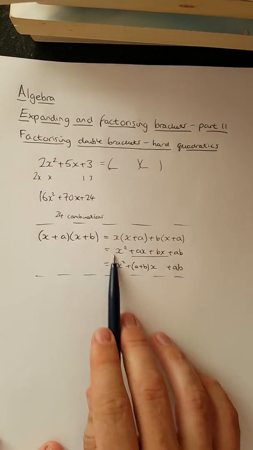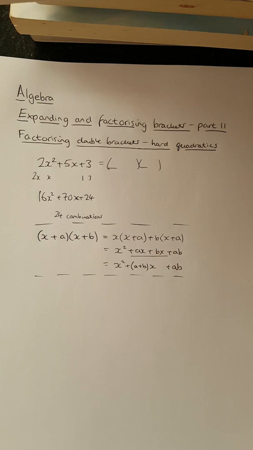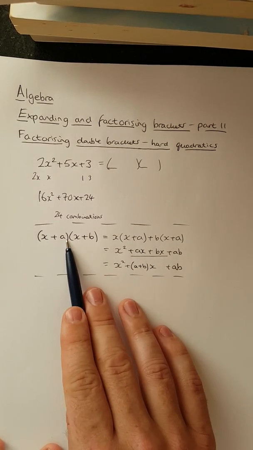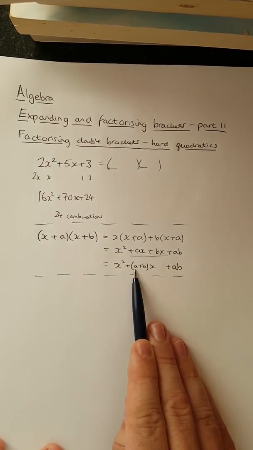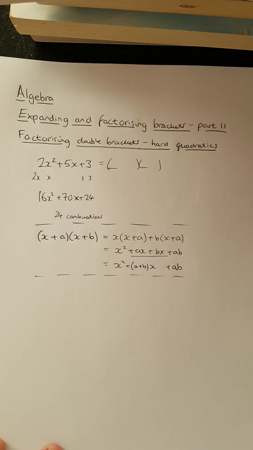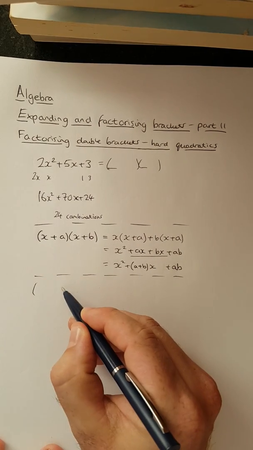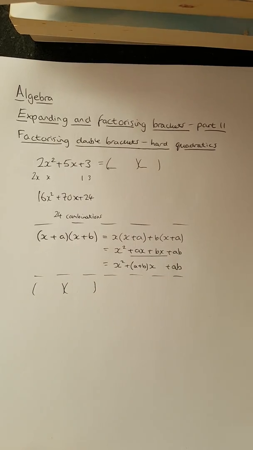Now we're going to take this rule here and go one step further. Let's just see that clearly again. The two numbers times to make the end number, and the two numbers add to make the number of x's. Now, how are we going to generate the first number where it's not just x squared?